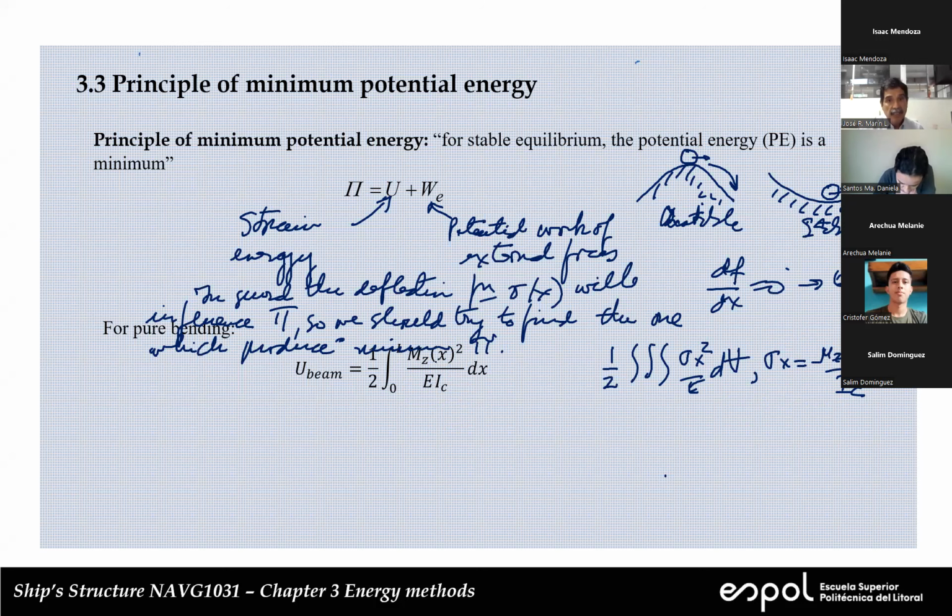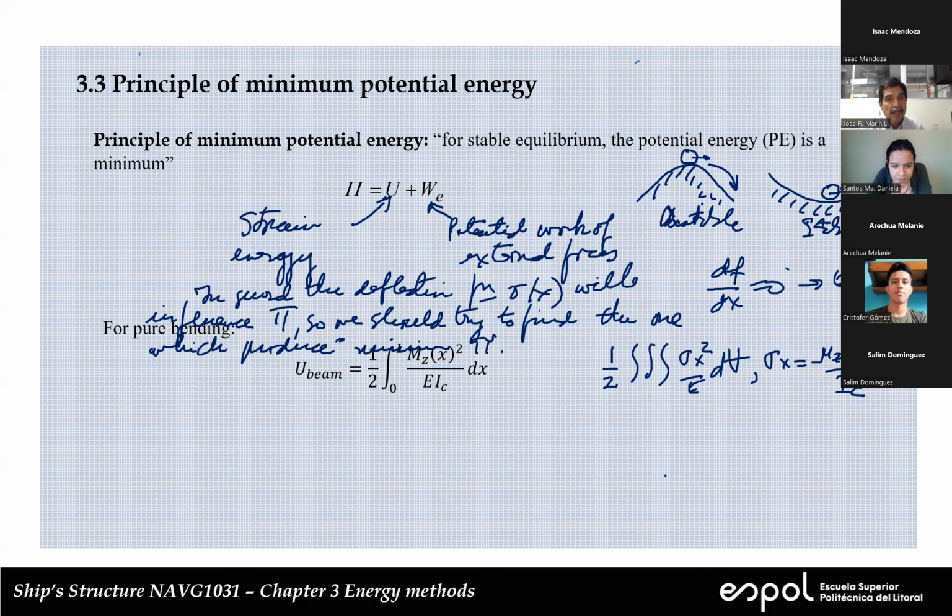Because you can see that this term, the bending moment, is squared. I sub c, it's always in the denominator. So it's easy to get confused, okay? So please try to remember, okay? Something which is very, very interesting is that this term in the numerator has a square.